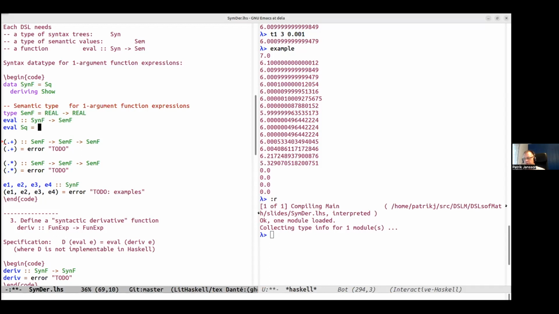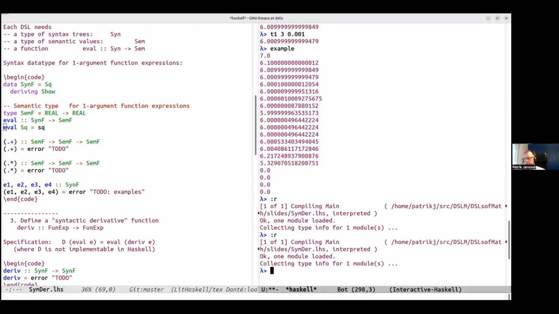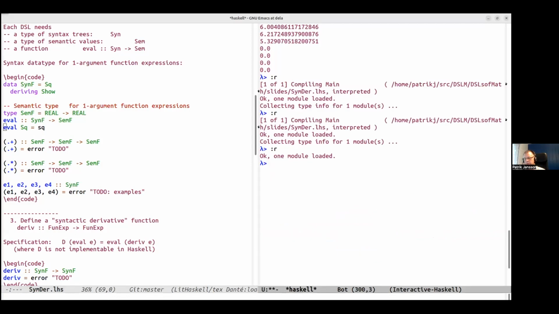So the squaring function semantically is the squaring function. Here I have a capital S, which is just a constructor name, and here I have the lowercase s, which is the square function that I defined before. You notice here I got semf equal to real. So the evaluator translates from the syntax to the semantics, and it looks like it does nothing. Let's see now if we can use it.